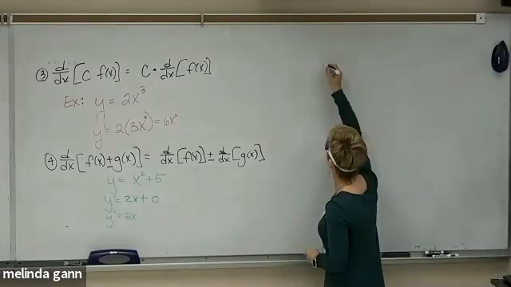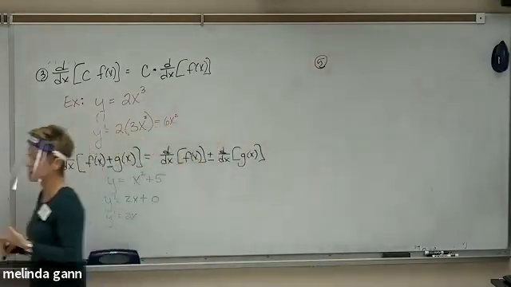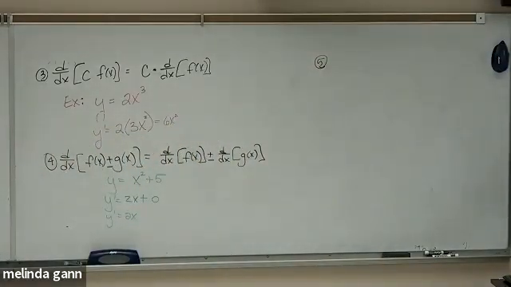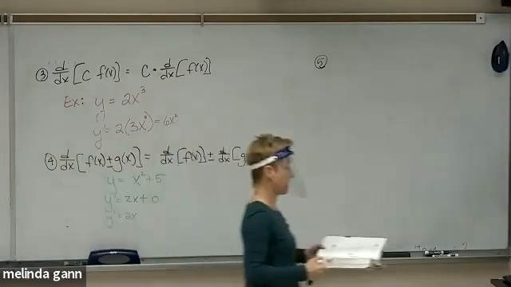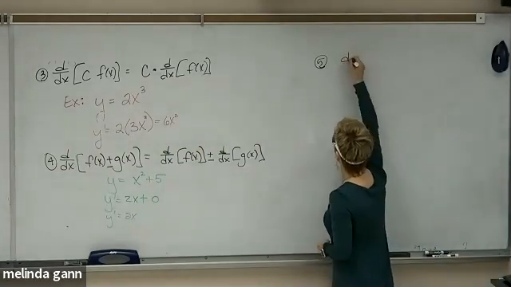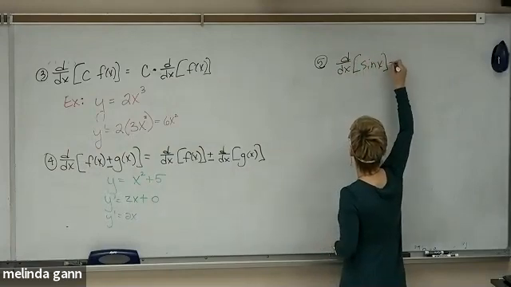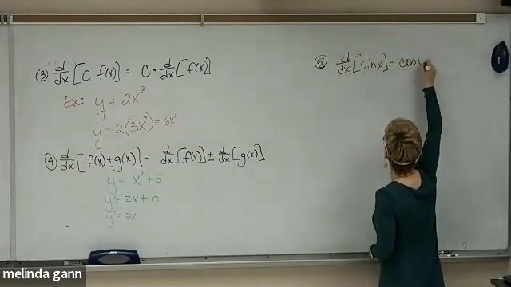I wasn't paying attention. Now, there are 2 trig ones in this section, okay? And you're going to need to memorize these 2 trig ones. If you're taking the derivative of sine x, you get cosine x.